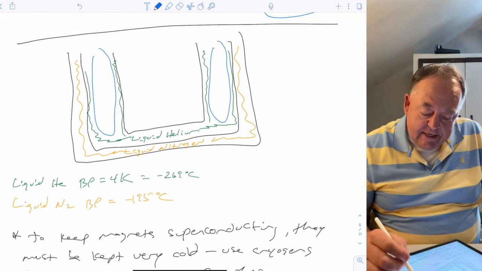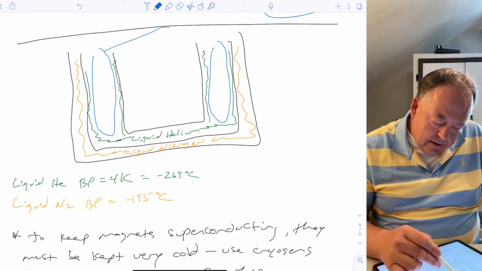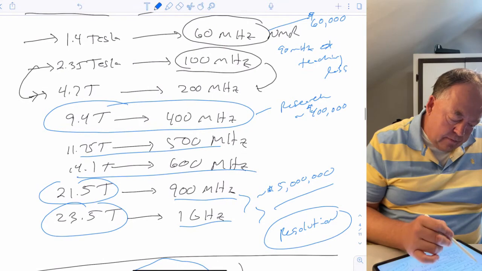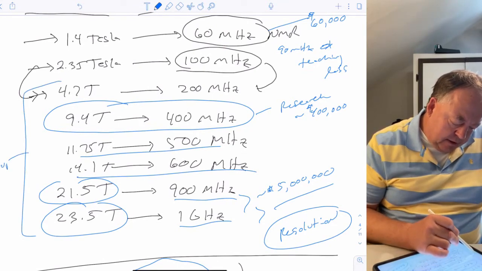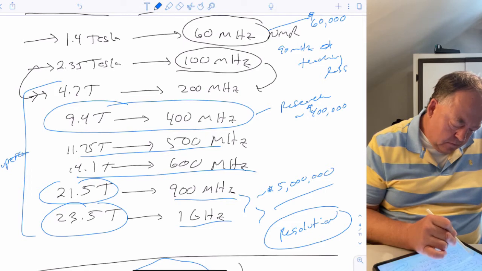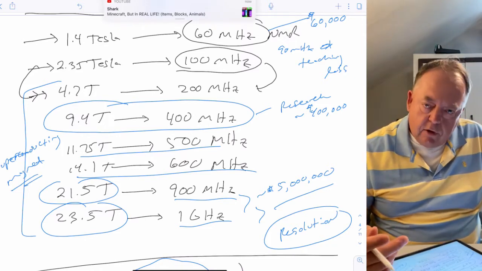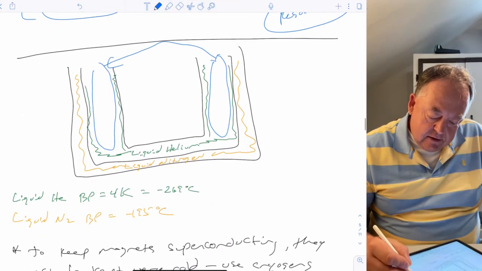Okay, a little bit more detail about what's inside an NMR. If the blue is representing the magnet, well, any magnet over 100 megahertz requires a superconducting magnet. To get those types of magnetic field strengths, you need superconducting magnets. And how do you get superconducting magnets?